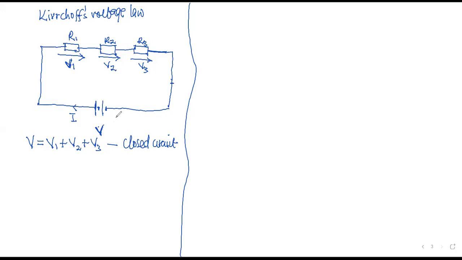So we can relate Kirchhoff's second law to this, that within a closed circuit, the sum of potential difference across all resistors must be equal to the source potential difference or source voltage. And Kirchhoff's voltage law is also a statement of conservation of energy.